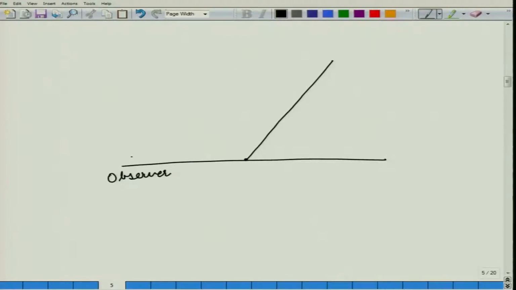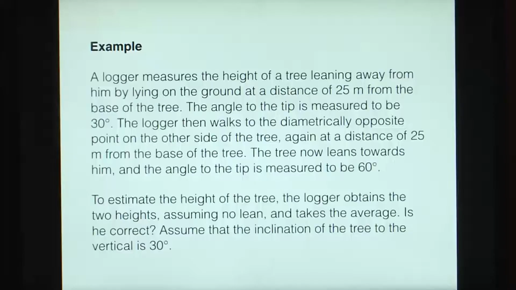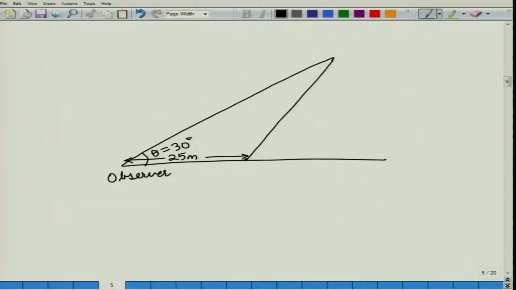He lies on the ground at a distance of 25 meters from the base of the tree and measures the angle to the top. So, he has measured this angle, and this angle theta is equal to 30 degrees.